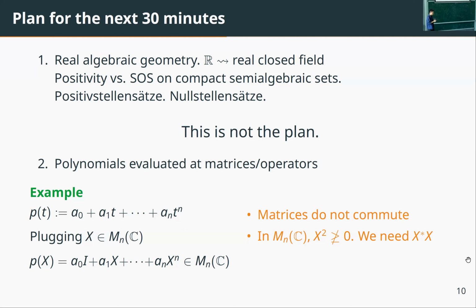For example, if you have a polynomial a0 plus a1 t plus ... plus an t to the n, plug in some matrix X, you get p(X), which is a0 times the identity matrix plus a1 X plus ... plus an X to the n. The multiplication of matrices is well defined, so there are no problems here.